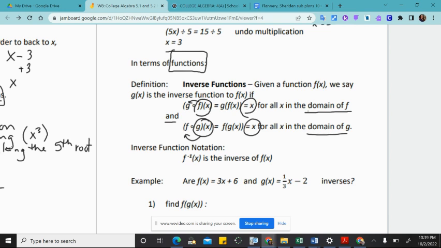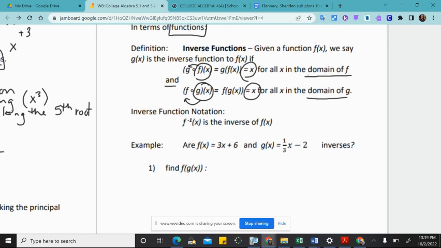Not 2x, not x squared, not x cubed, but exactly x every time. If we get back to x, then those two functions are inverse functions of each other.